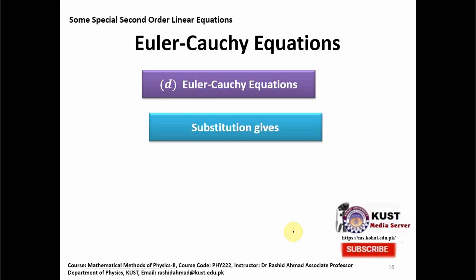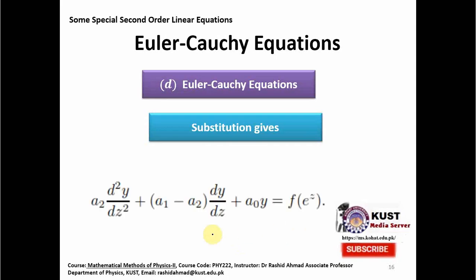And then substitution of this gives us these equations. What we have done by these substitutions, as I showed you on the last slide, is that we have removed x square and x from the first and second term and brought them to the right hand side as a function of this exponential.